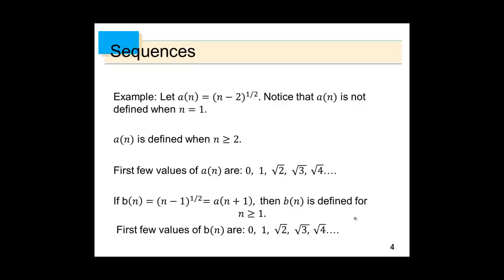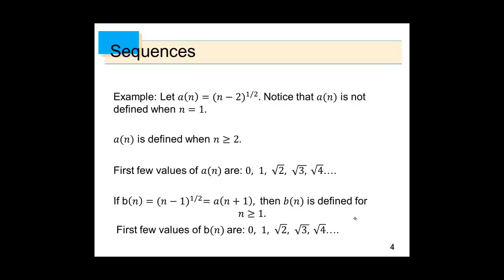So somebody asked me, does the domain always start at 1? And the answer is sort of yes and no. Here's why. This is still a sequence. Remember, I defined the sequence to be any function where the domain is 1, 2, 3, 4, 5, 6, and so on.